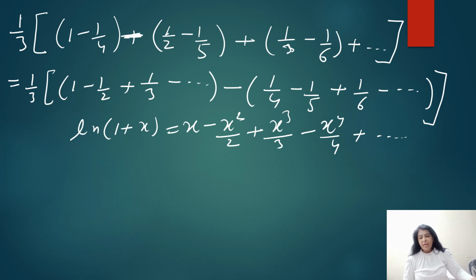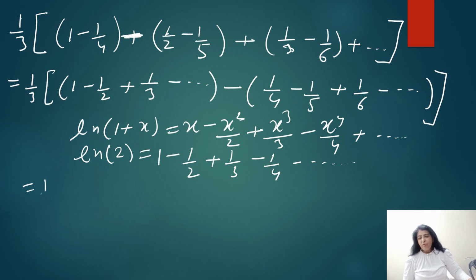So let us take x as 1. So you get ln 2 is equal to 1 minus 1 by 2 plus 1 by 3 minus 1 by 4 and so on. So this is equal to 1 by 3 into ln 2 minus ln 2.